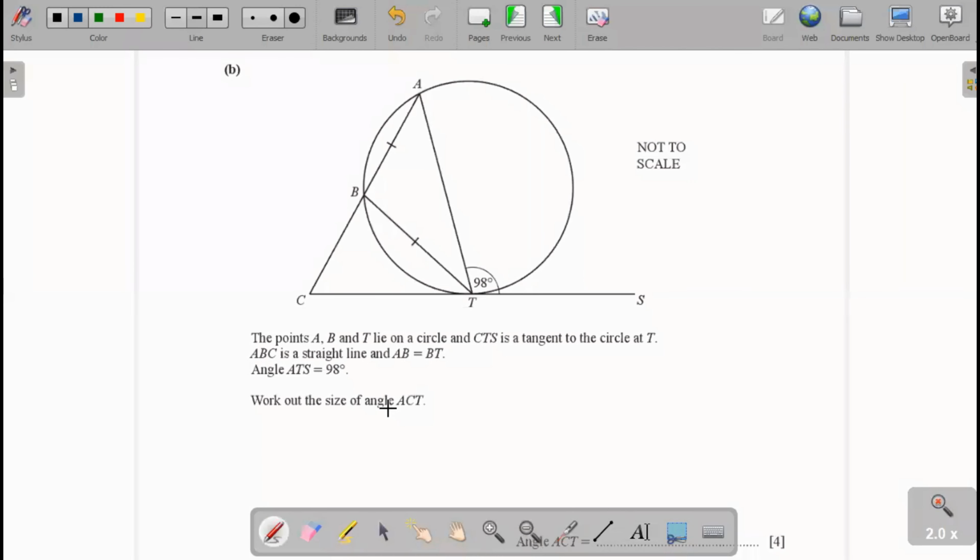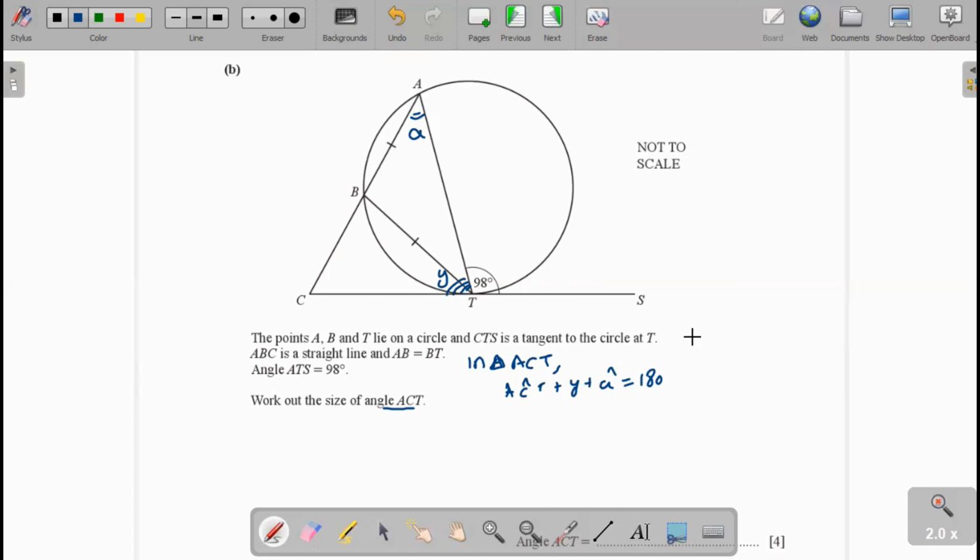To find the angle ACT, we take triangle ACT. Now in triangle ACT, suppose this angle is y, and this angle is A. Now the angle ACT plus y plus A will be equal to 180.